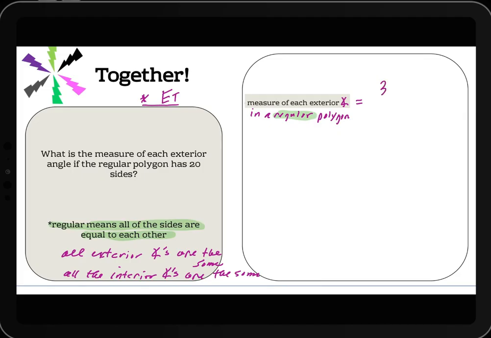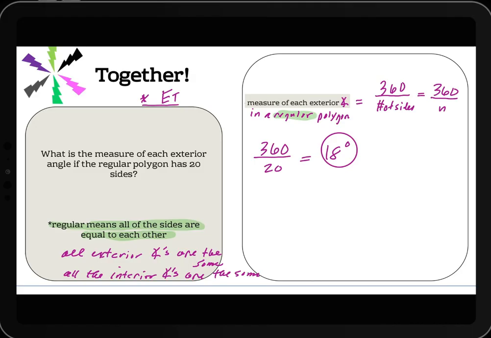So here all we do is take 360 and we divide by the number of sides. So that would be 360 divided by n. So in our case, 360 divided by 20 is going to equal 18. So that means each exterior angle measure is going to be an 18-degree angle if it is a 20-sided polygon.